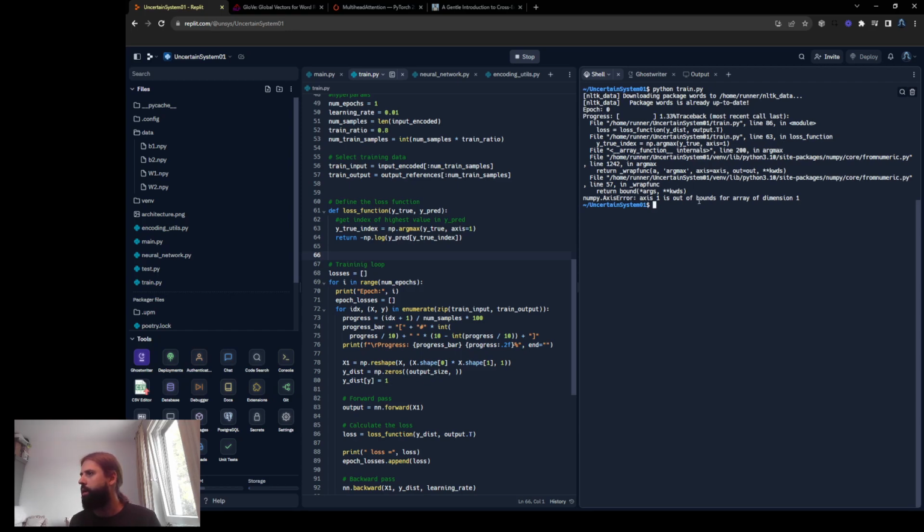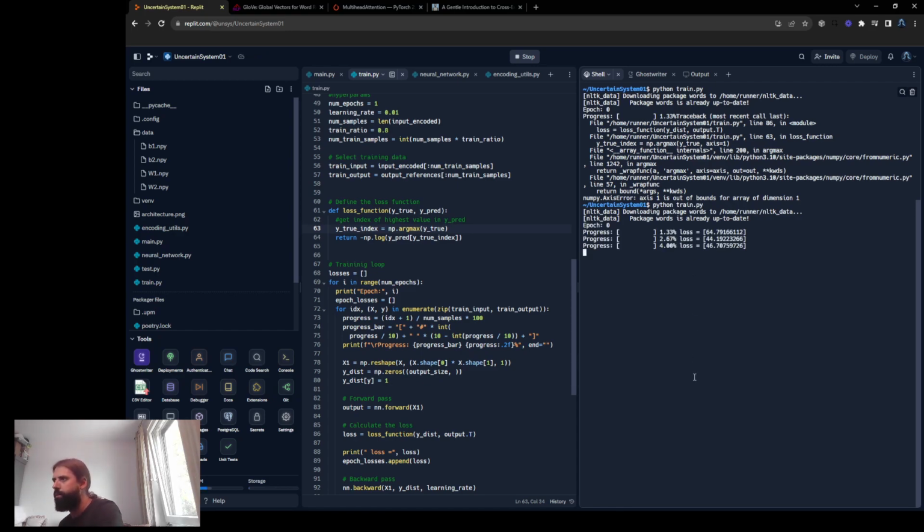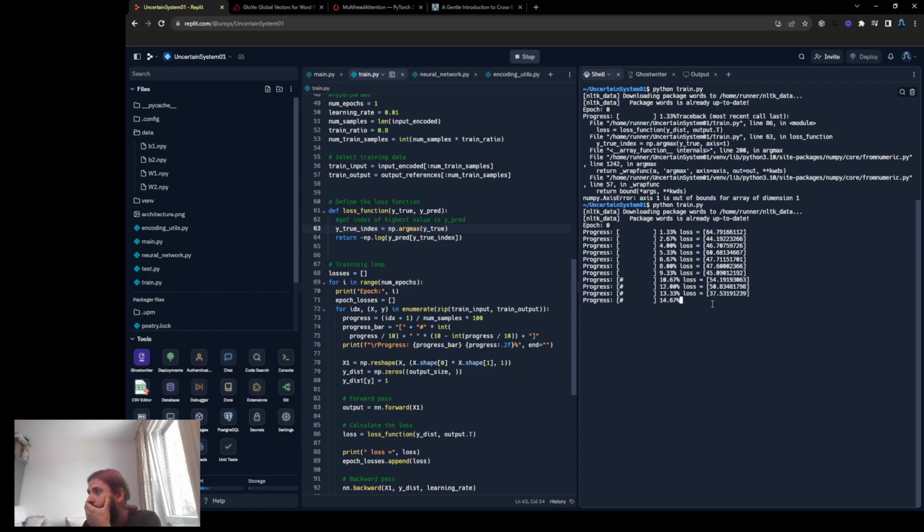Loss function. Can I just get rid of this? Okay, it seems to be training, but let's see if it's going down at all. It doesn't look like it, but it works, right?